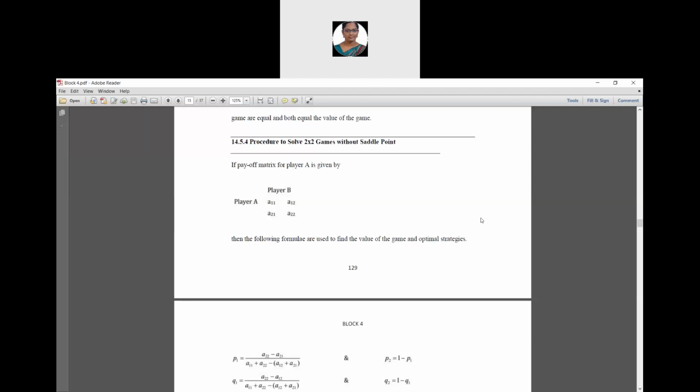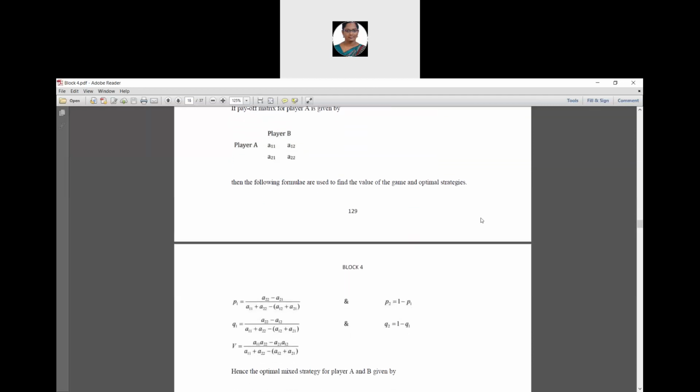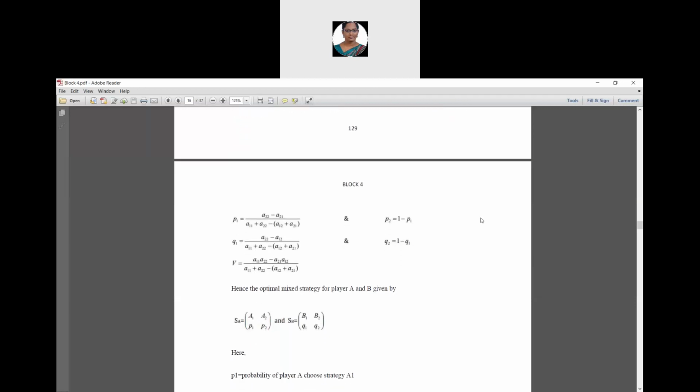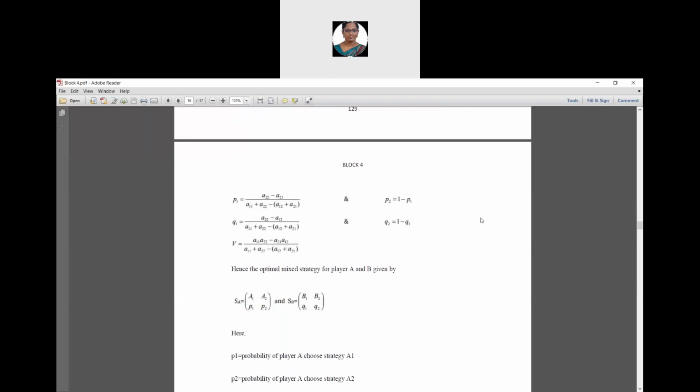Here P1 is equal to (a22 minus a21) divided by (a11 plus a22 minus (a12 plus a21)). And P2 is equal to 1 minus P1, that is P1 plus P2 is equal to 1. The total probability is 1, right?